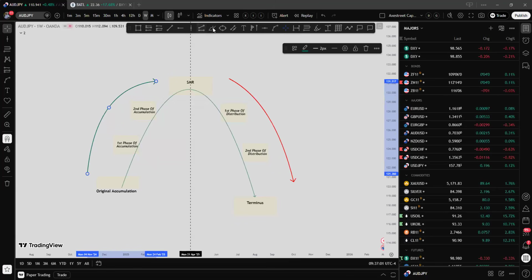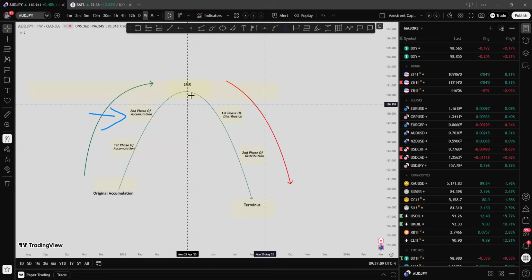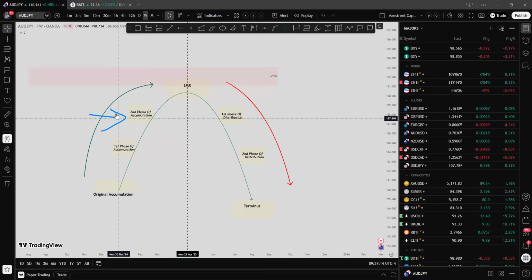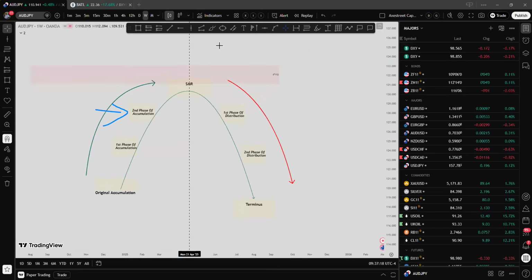So the silver bullet takes place here on the buy side of the curve towards the higher time frame key level, right? So this is the silver bullet on the buy side of the curve. And then on the sell side of the curve, this would be your silver bullet, right?